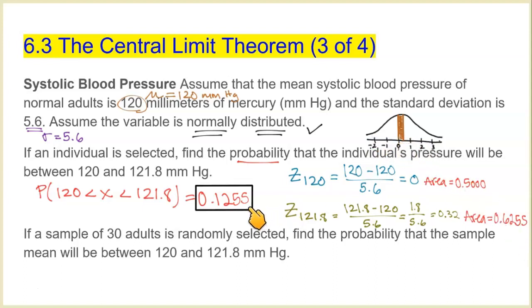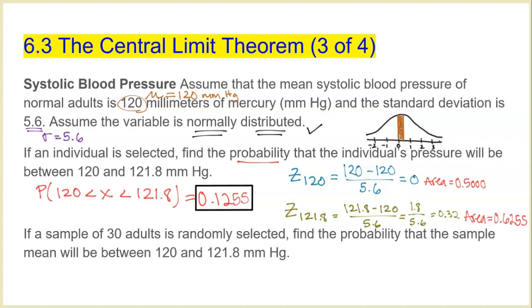And so the area in between, which is the probability, is 0.1255, which is about a 13% chance. So if an individual is selected at random from this normally distributed population, then the likelihood that that individual's blood pressure would be between 120 and 121.8 millimeters of mercury would be about a 13% chance.